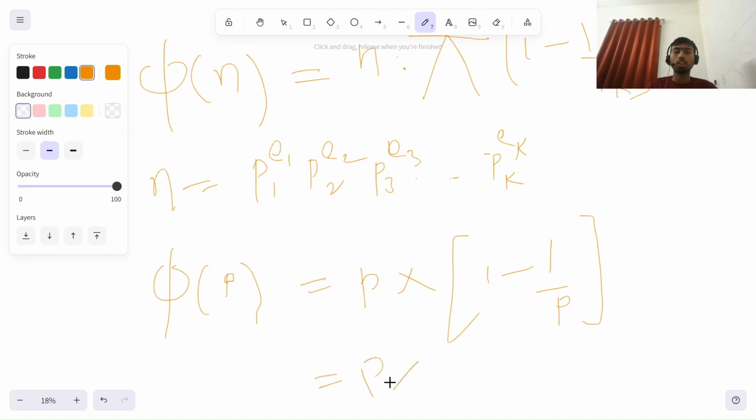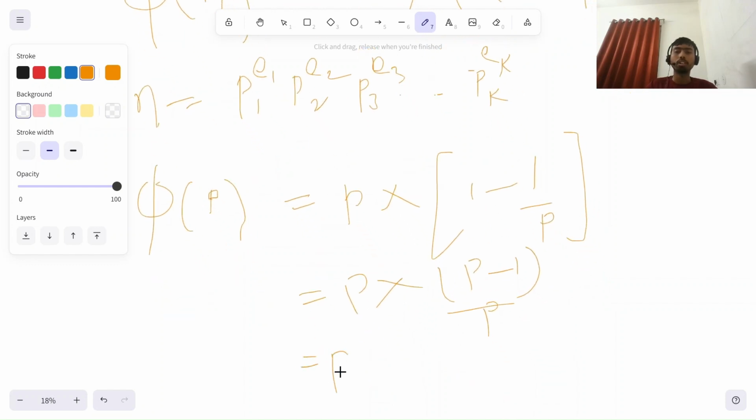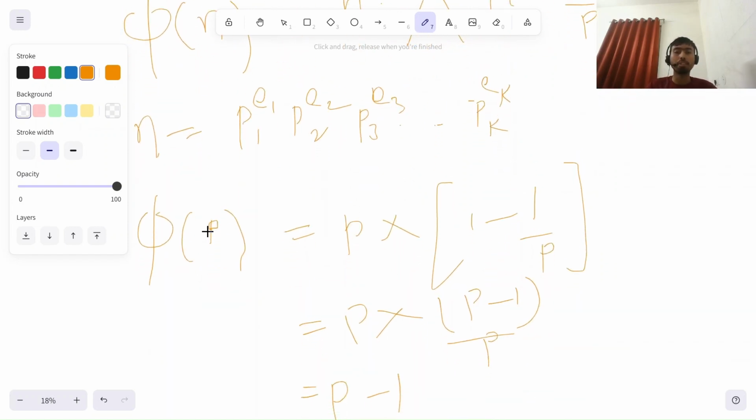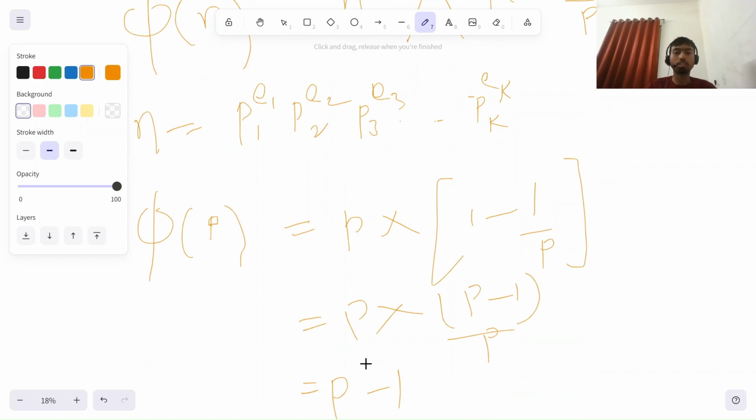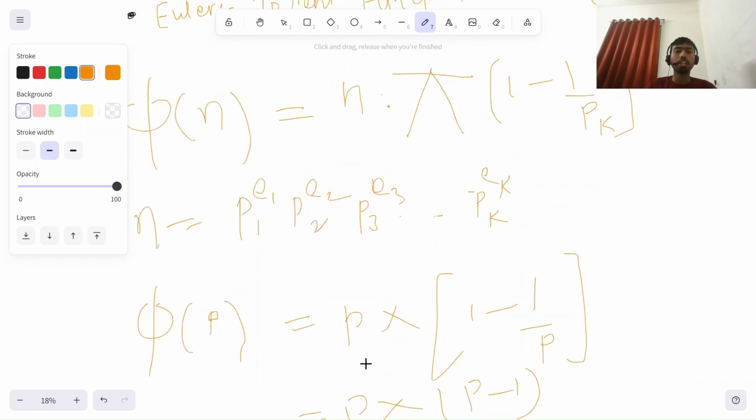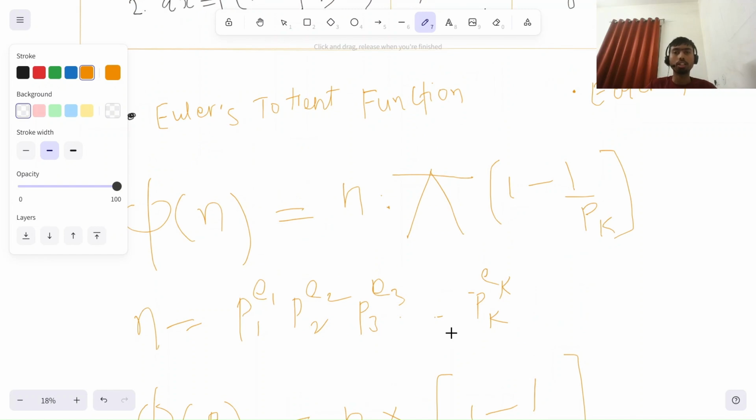So you get p times (p minus 1) divided by p, and the final value is p minus 1. So for a prime number, your Euler-Totient function always gives you prime minus 1. That is one result.